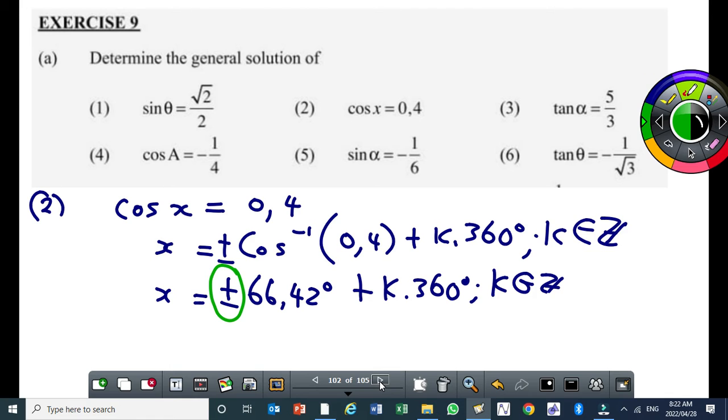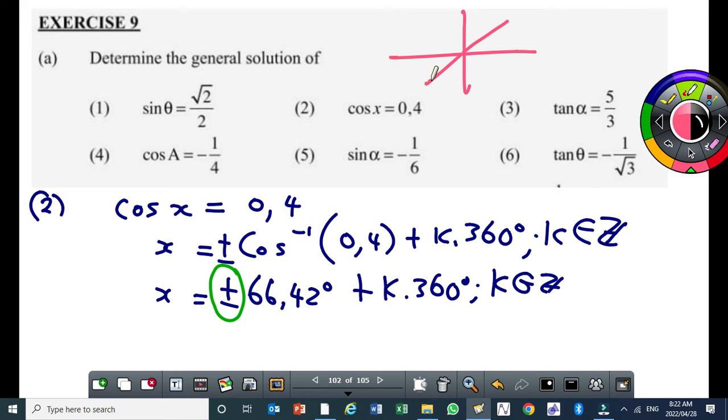Of course, tan is unique because if you go to the graph of tan, it has a period of 180 degrees. So it only has one general solution, because of the reflection. If you start in the first quadrant for tan and add 180, you come to the third quadrant.